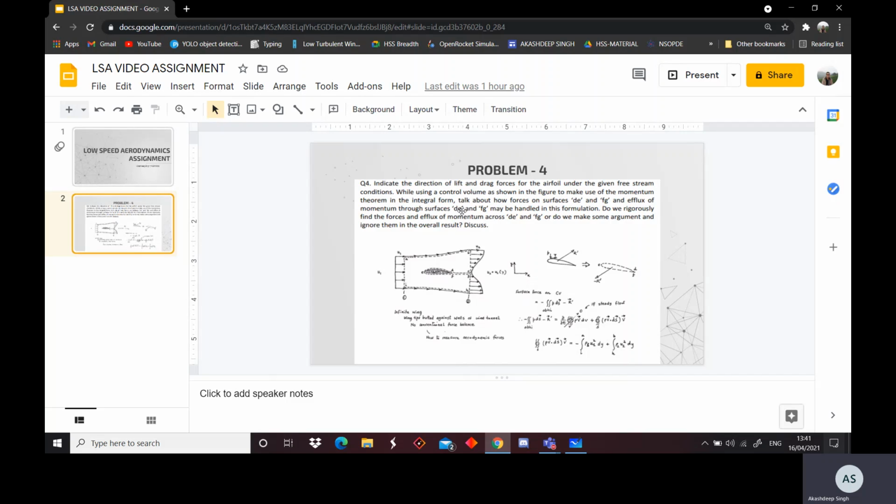I've discussed the momentum through surfaces DEF, FG, and all the other control surfaces as well. To find the forces and the efflux of momentum, we saw that we can certainly make some values equal to 0, some cancel each other out, and only a few remain in the end.